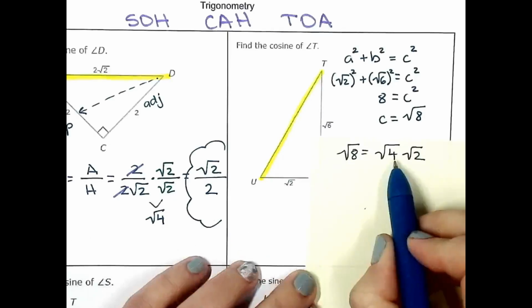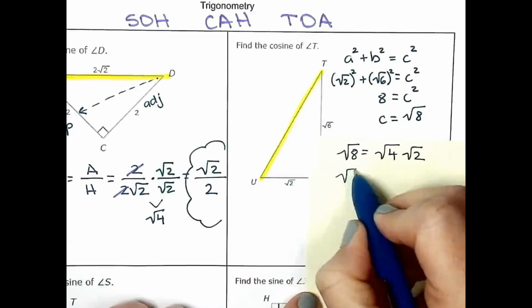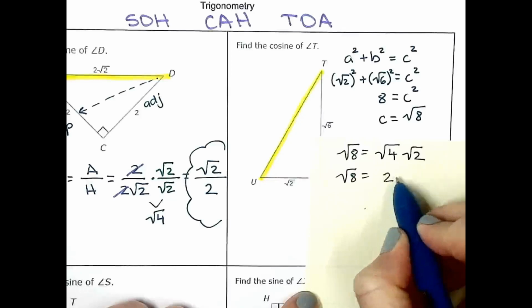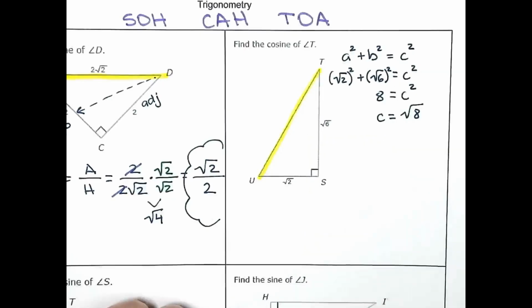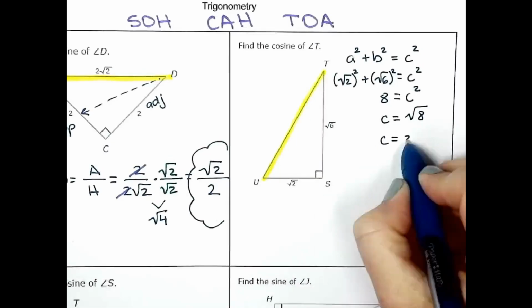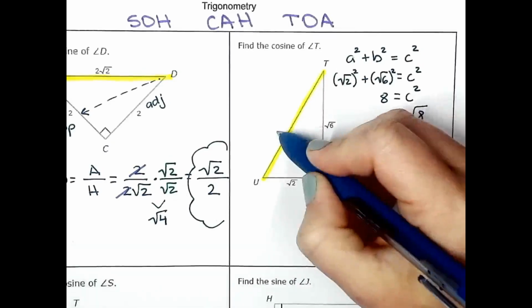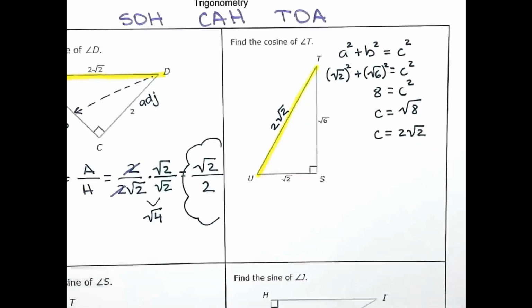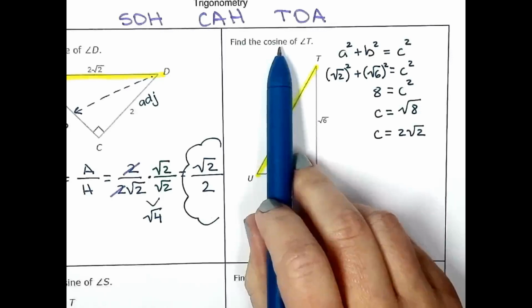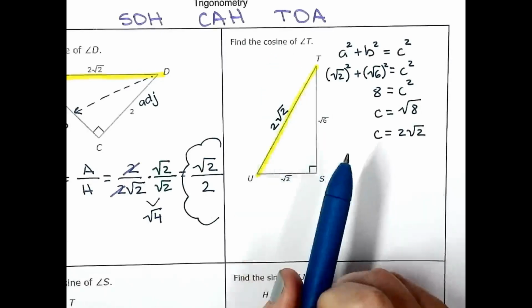The square root of 4 is 2 because 4 is a perfect square, so I get 2 square root of 2. So c is 2 square root of 2. That's all this work just to find the hypotenuse so I can start solving what the question wants us to find, the cosine of angle T.